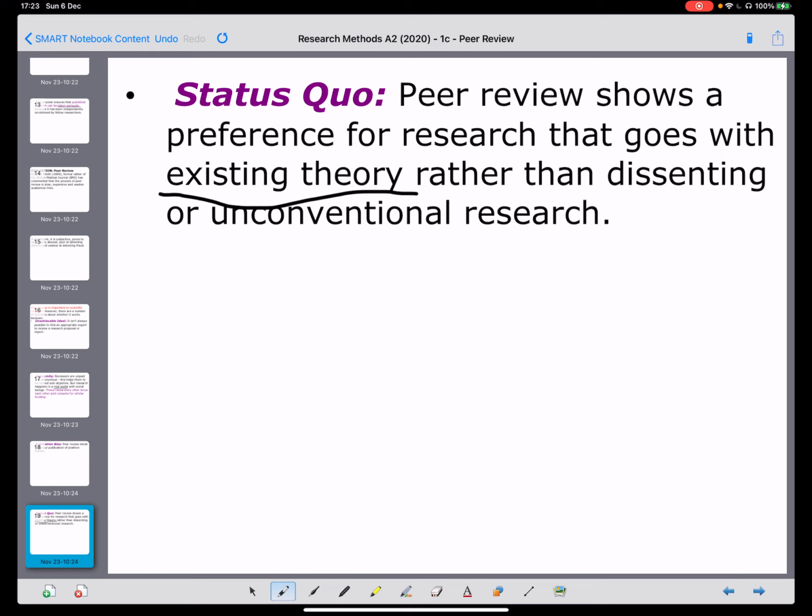And of course, if I'm doing cutting edge, if I'm challenging existing theory, this might be really, really difficult. And we see the legacy of even within, say, Bowlby's attachment theory, a lot of things that he said took a long time to question because of wanting to keep things as they are.